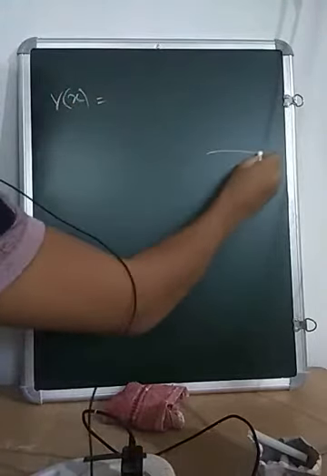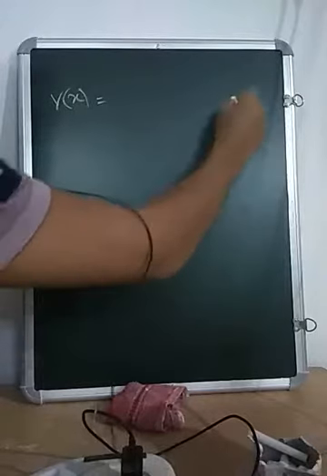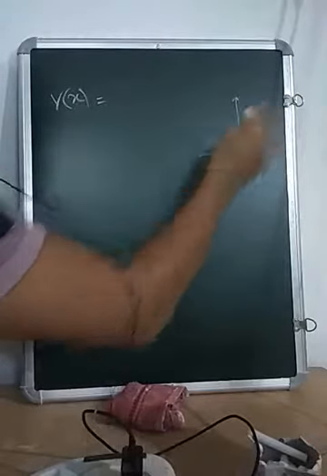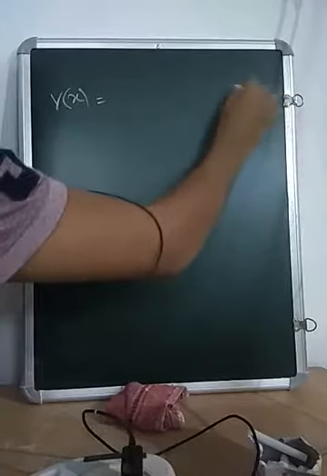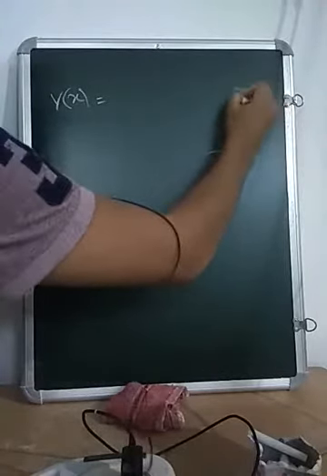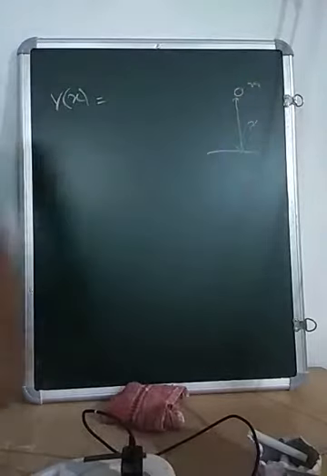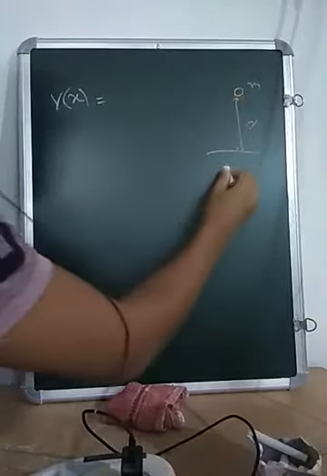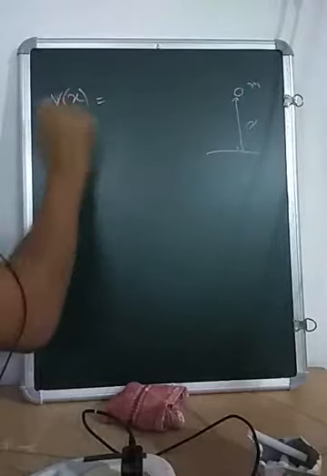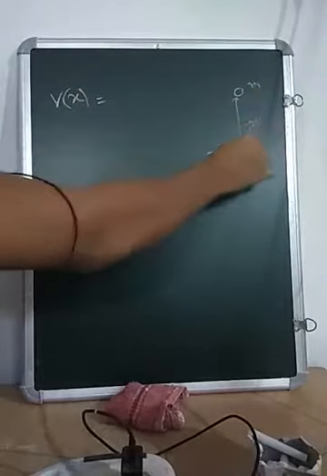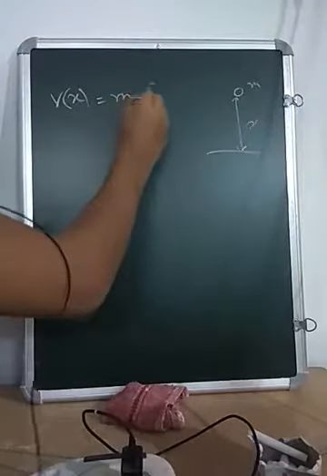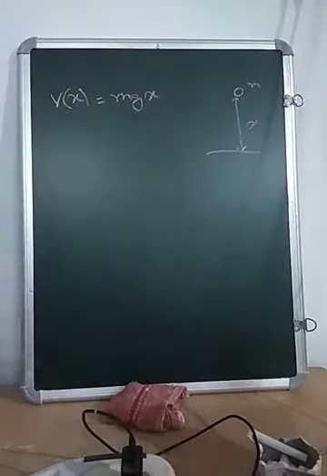Suppose this is the surface of Earth and there is an object of mass m at a height x. What is the potential energy of the object at this position? The potential energy V(x) is a function of distance, the distance from the surface of Earth. So V(x) is mgx.